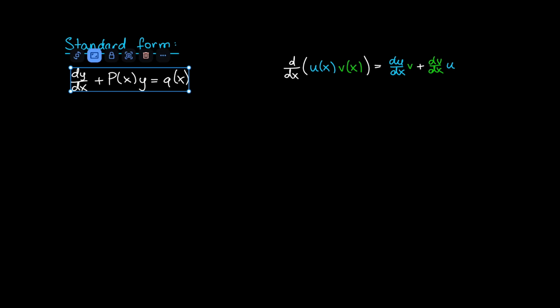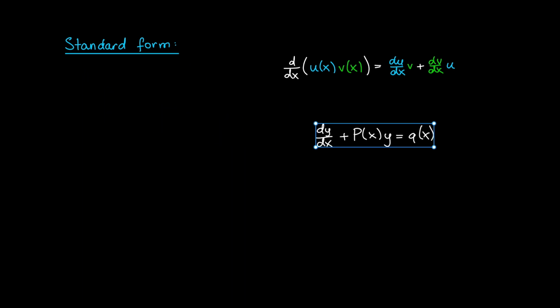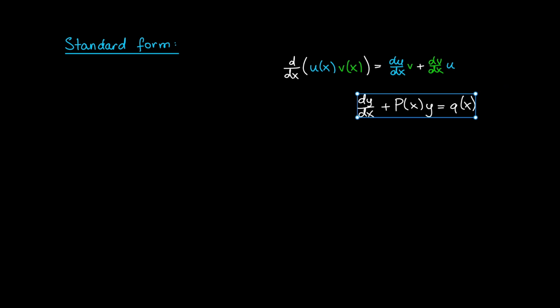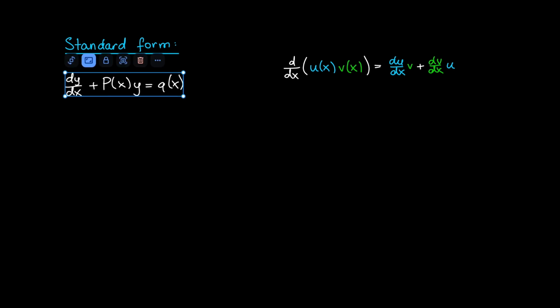Now let's take our differential equation in standard form and compare it to the derivative. You can see that we have to multiply the left-hand side of the differential equation by another function so that the left side becomes the derivative of a product. So let's call that function that we have to multiply mu of x.